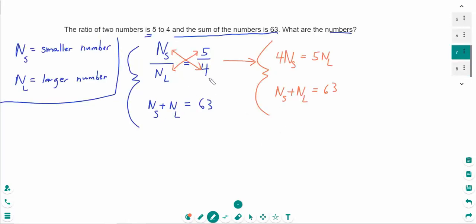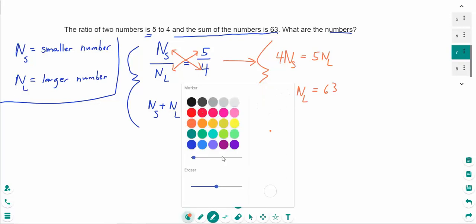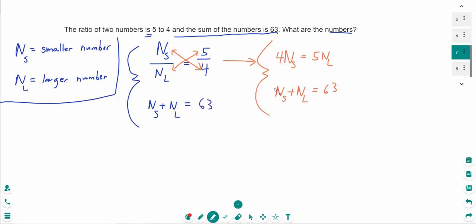I think that might be the last one I have. So since it's the last one that I have for us here, and we have a little bit of time, let's just go ahead and solve this one the whole way. So, as I said earlier, let's think about how we want to do it. We can use elimination or we can use substitution.